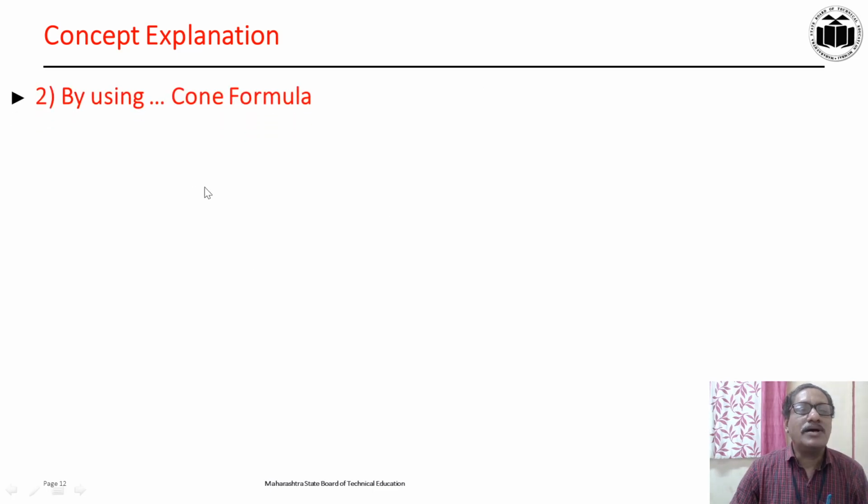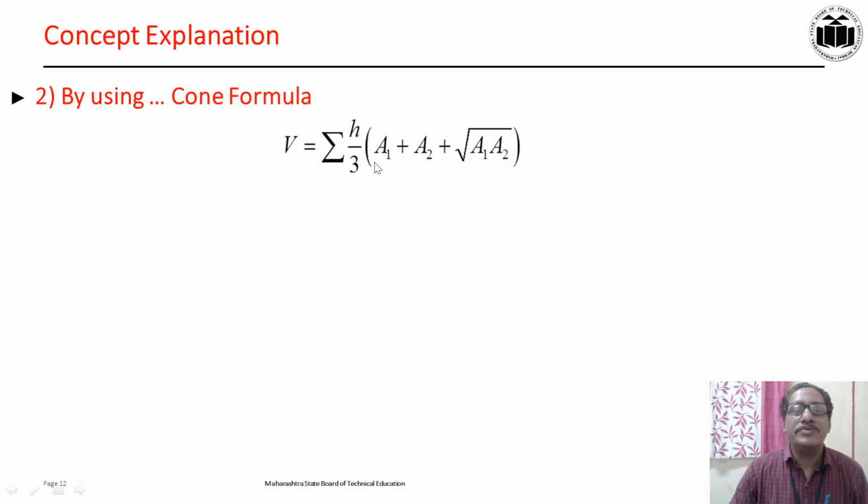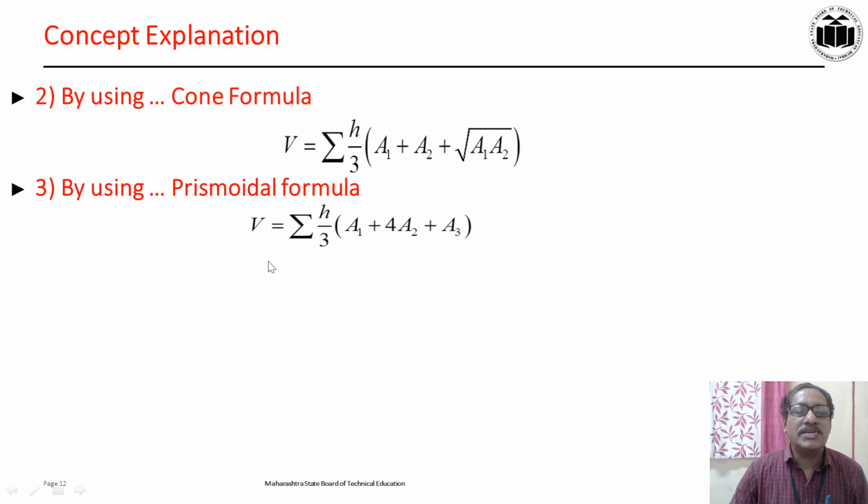The second formula used for finding out the volume is the cone formula, which is expressed by V equals summation of h by 3 into (A1 plus A2 plus under root A1 A2). The third formula is the prismoidal formula, which is expressed by V equals summation of h by 3 into (A1 plus 4 times A2 plus A3).